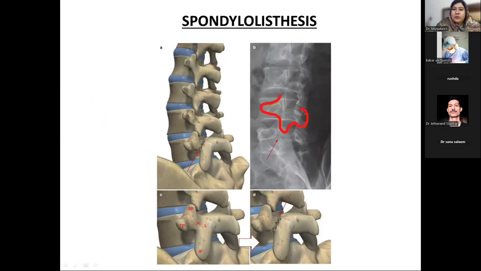Normally the Scotty dog is fine and happy, but if there is a fracture of the neck of the Scotty dog, that is the pars interarticularis, you have broken its neck, so that will cause spondylolisthesis. So I think this is all from my side about traumatic spinal injuries.